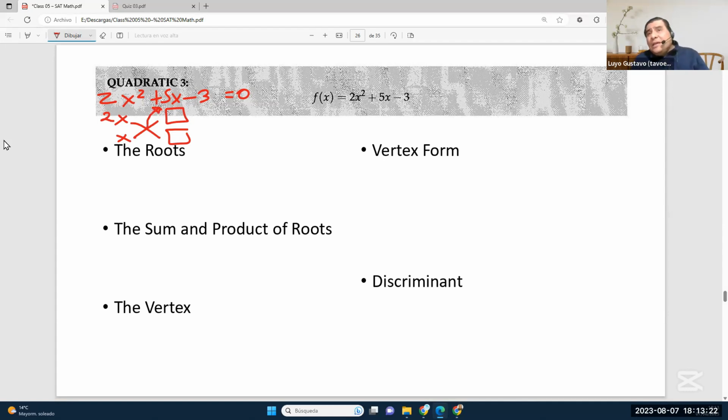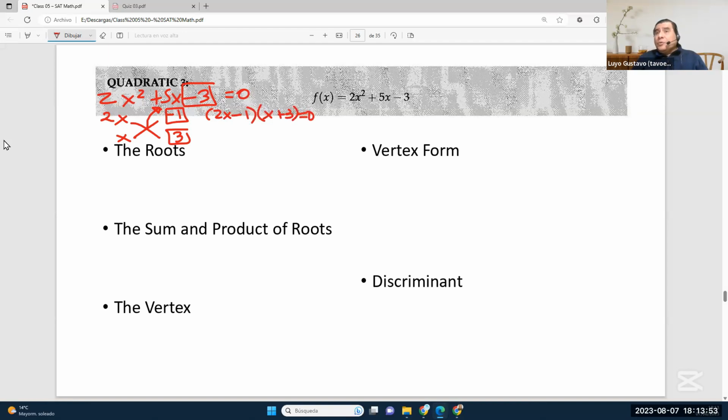And the two numbers here should be two factors of this number, -3. What about this, for example? 3 and -1. Why? Because 3 times 2x equals 6x, and x times -1 is -x. 6x plus -x will be exactly 5x. So I know that this factorization is correct: 2x minus 1 times x plus 3 equals 0.